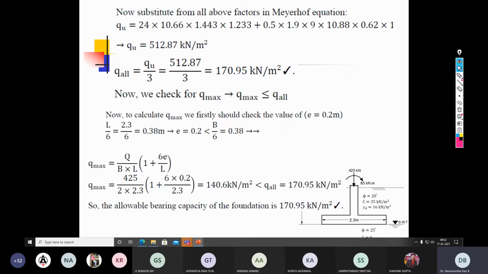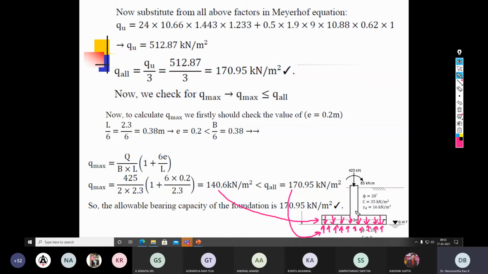Let me put it in terms of arrows so that you will clearly understand. This 170 belongs to the soil component, and 140 belongs to the superstructure component.